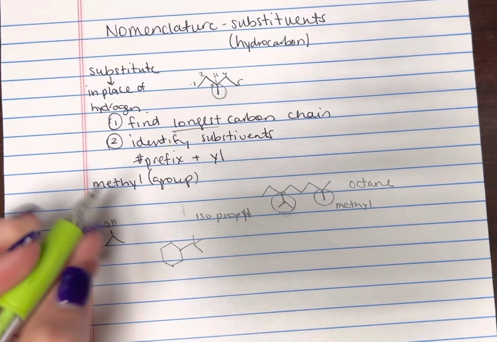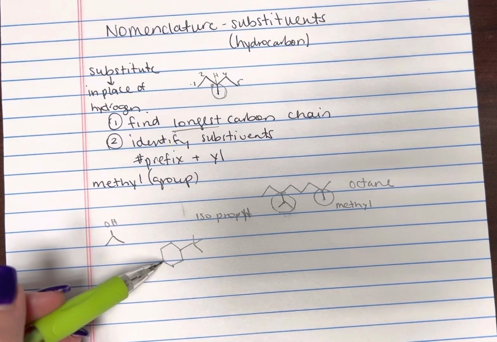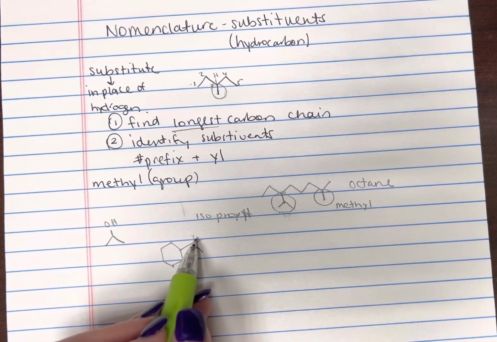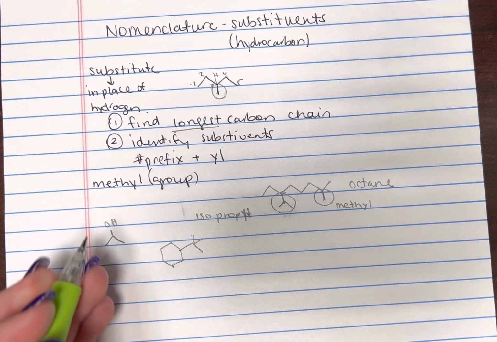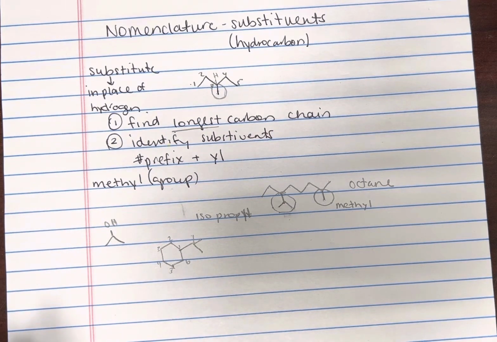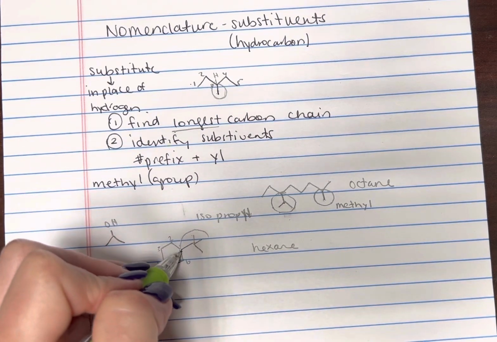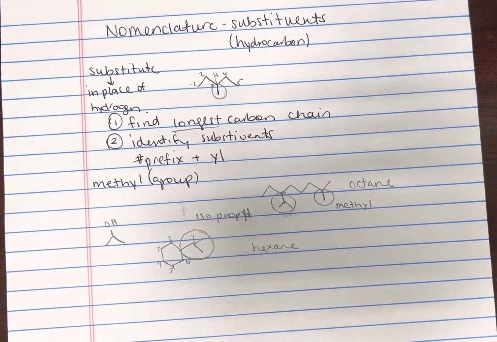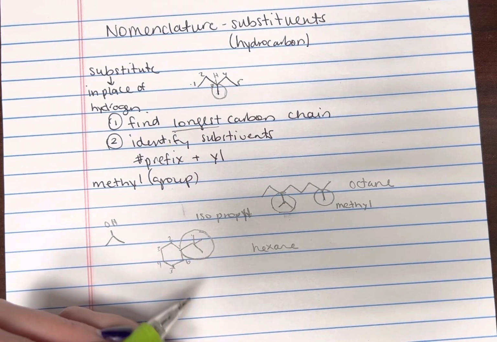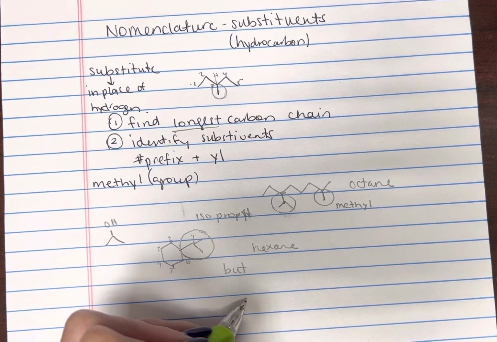That's not a chain, but it makes it a little bit easier because we have our ring, and after that we only have 1, 2, 3, 4 carbons. So our ring has 6 carbons. 1, 2, 3, 4, 5, 6 carbons. So this is going to be a hexane. And then this right here is our substituent. And we counted it as 1, 2, 3, 4 carbons. So that would be butyl.